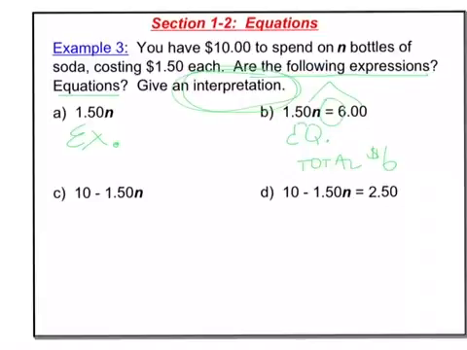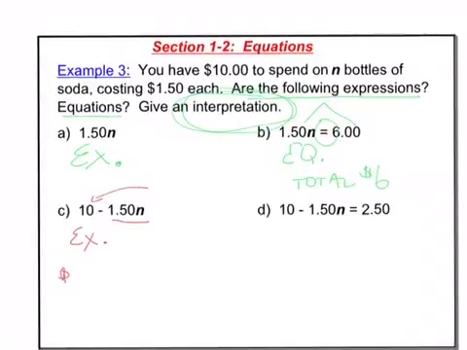Okay, moving on to example C. This is an expression once again, and what this expression means is we know that it's $1.50 per bottle. This is saying that you have $10 to start with.